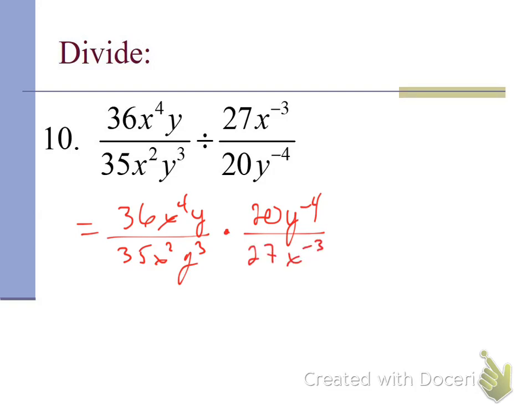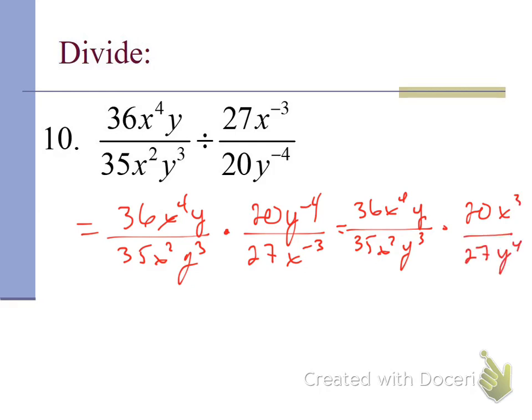Now notice that the y and the x have negative exponents in that second fraction. So in order to do this diagonal and vertical simplification, I said before that all your exponents would need to be positive. So now I'm going to move just the x and the y to make those exponents positive.